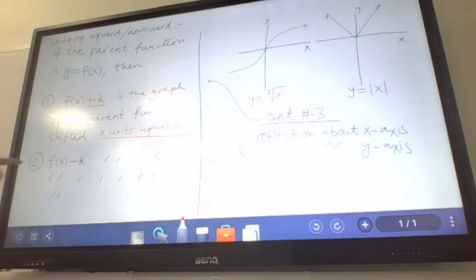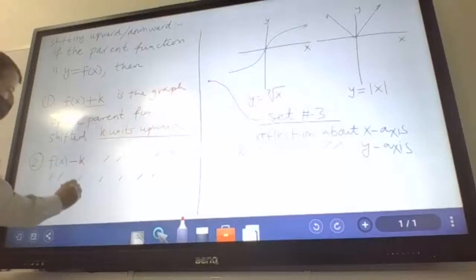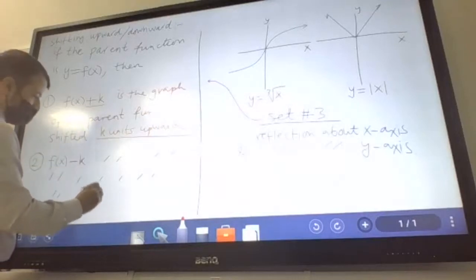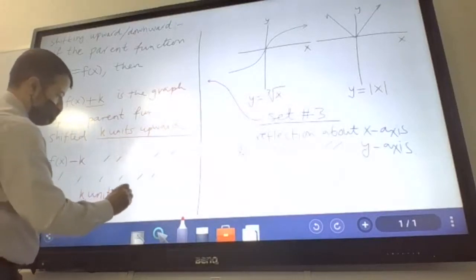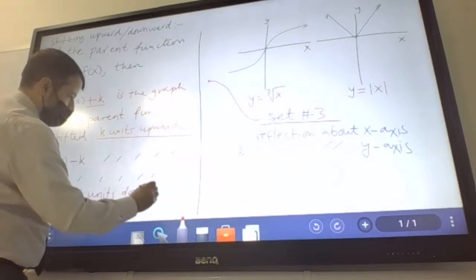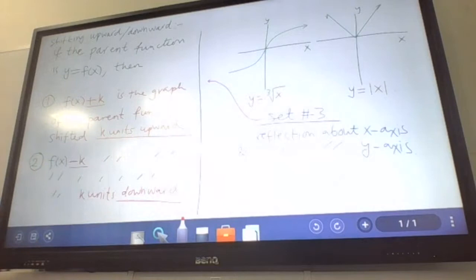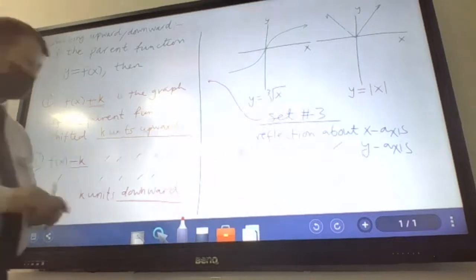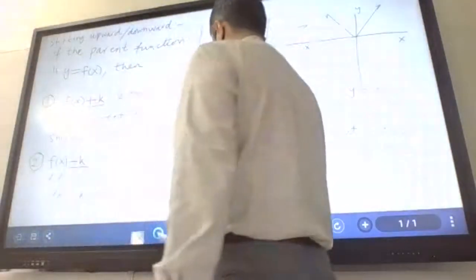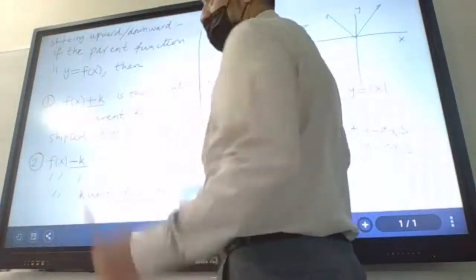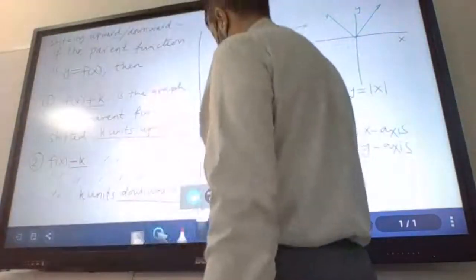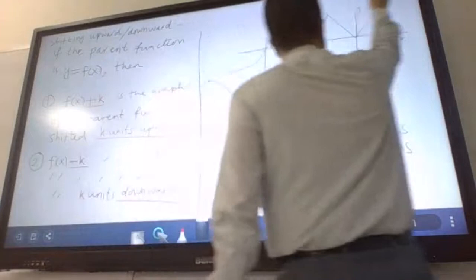F of x minus k is the parent function shifted k units downward. Okay, let me explain this point and I will allow you to copy.